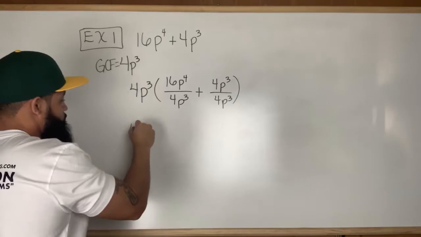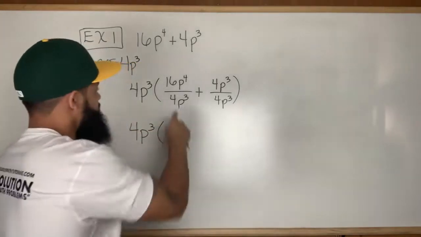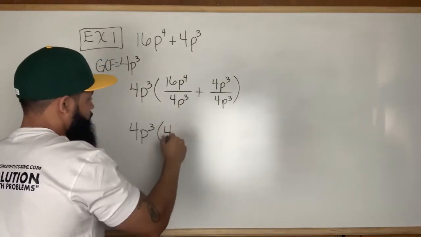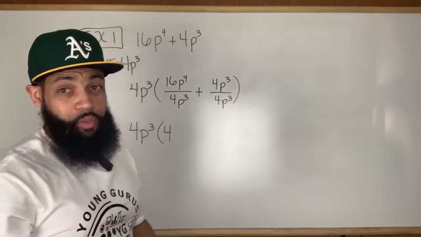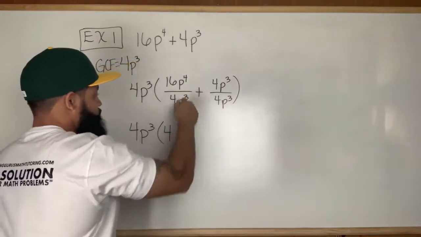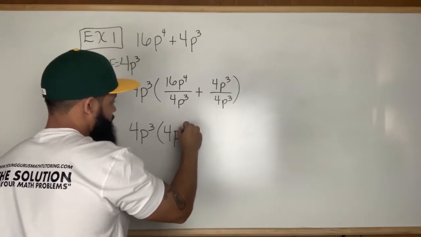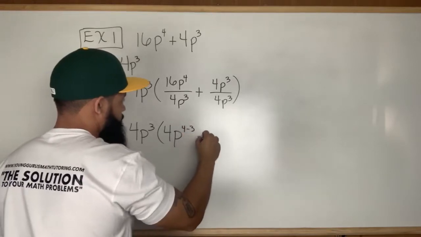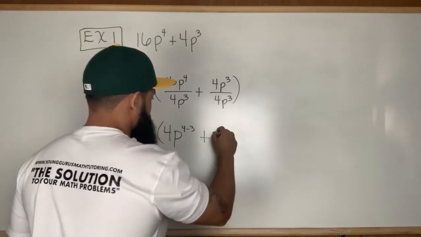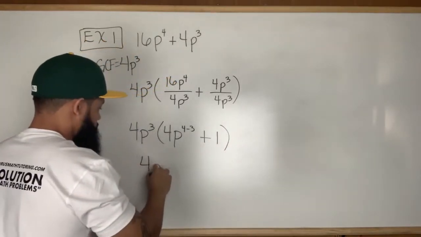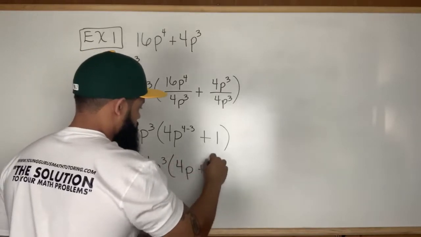Okay, so what that leaves me with is 4p to the third power on the outside of the parentheses, and then 16 divided by 4 is 4, and then p to the fourth power divided by p to the third power, all we have to do is subtract the exponent. So p to the 4 minus 3 power, and then plus this number 4p to the third power divided by itself is equal to 1. So we're left with 4p to the third power times 4p plus 1.